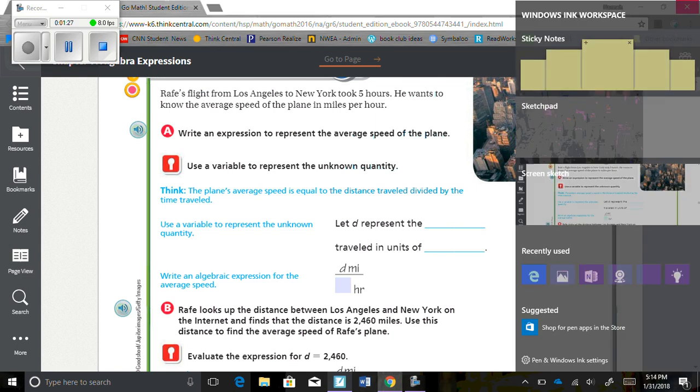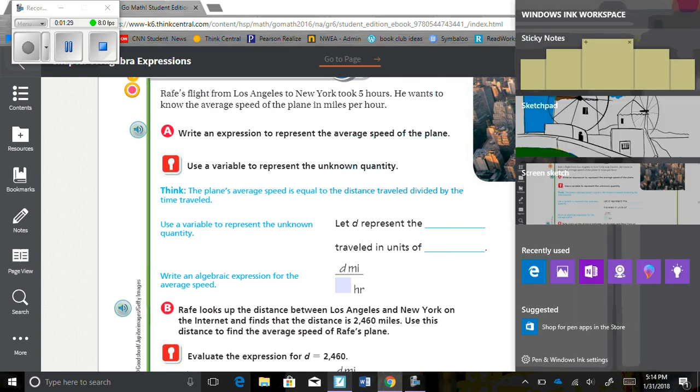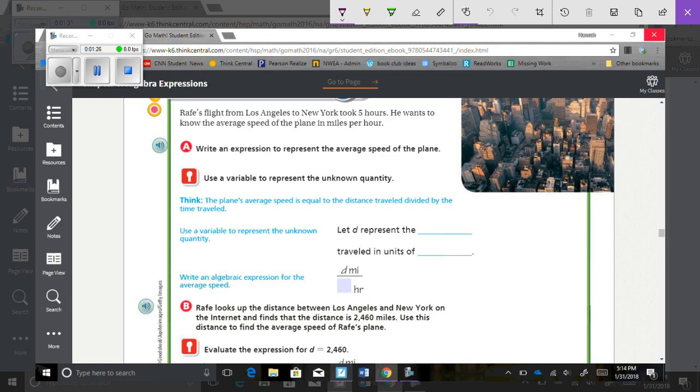So we're going to use a variable to represent the unknown quantity. So we're going to let D represent the distance traveled in units of, okay, so we're trying to figure out distance, and up here it tells us miles per hour, so we know the units are miles.